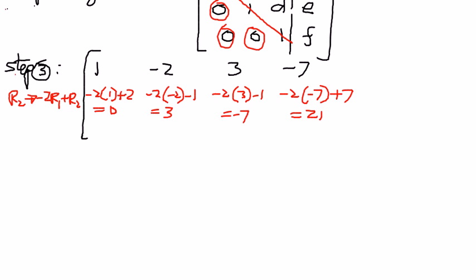And the third row we'll write out the same. We did not change anything: -1, 3, 2, and -8.